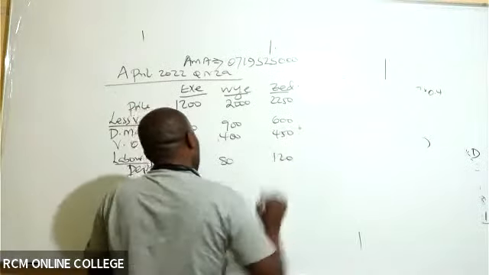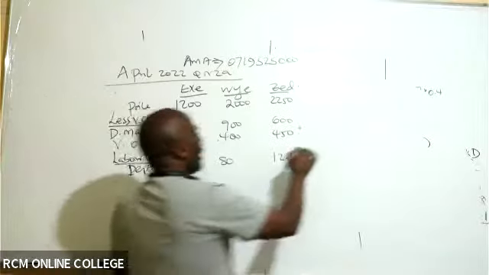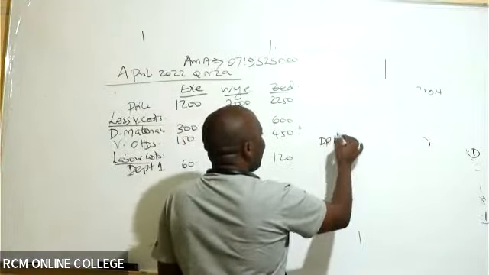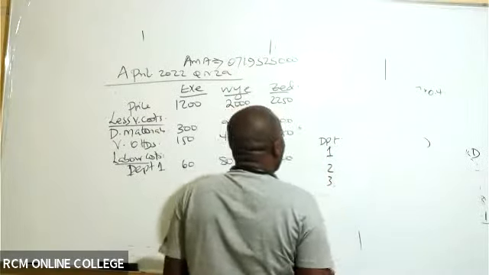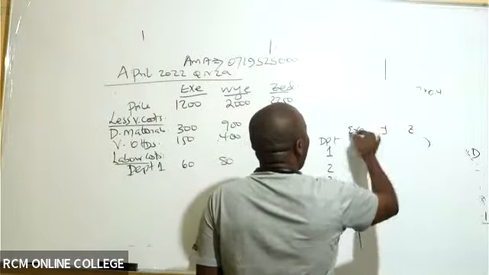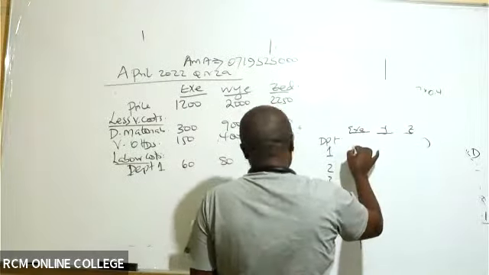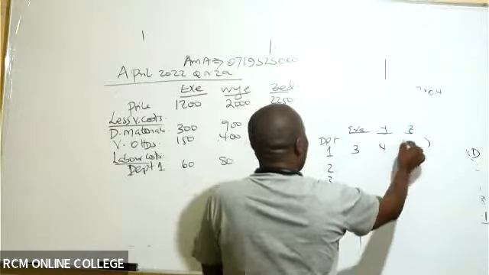Is there someone who is able to see where I've gotten those figures from? If you look here, they have told me about the departments: we have 1, 2, 3, and our 3 products X, Y, and Z. They have given us labor hours: these are 3 hours, these are 4 hours, and these are 6.